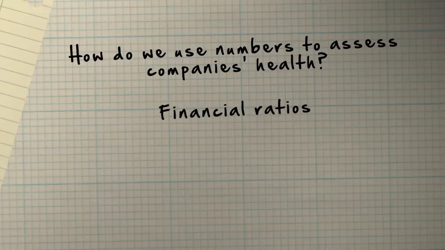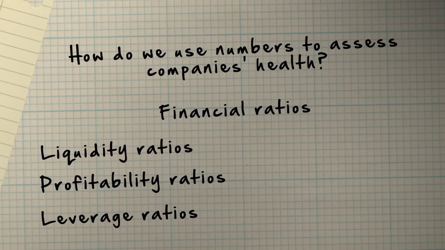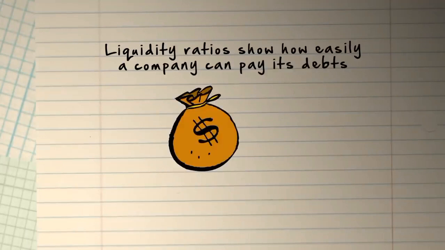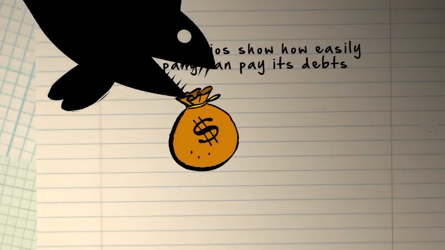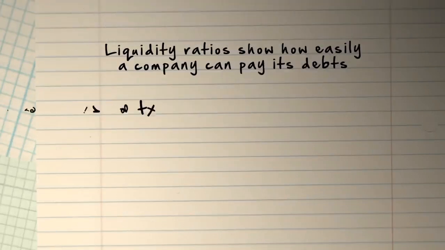Very common types of financial ratios are liquidity ratios, profitability ratios, and leverage ratios. Liquidity ratios can tell us how easily a company can pay its debts, so that the company doesn't get eaten up by banks or other creditors. An example of this is the current ratio.